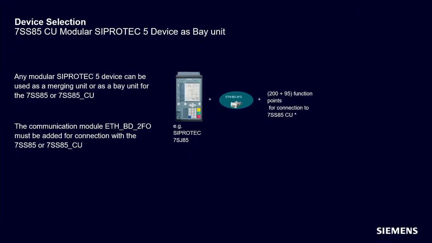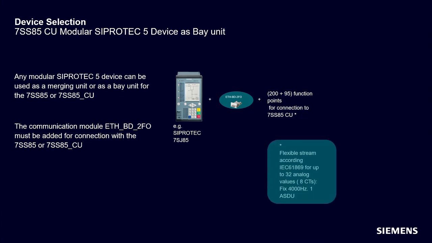And for the special communication to a 7SS85, we have to add a further 95 function points. So all in all, to use a 7SJ85, a 7SL, a 7ST, 7UD, or whatever is available as a Bay unit for distributed busbar protection, you have to add the communication module and 295 function points. Also in this case, you can use it for up to 8 current transformers, up to 8 bays for communication.